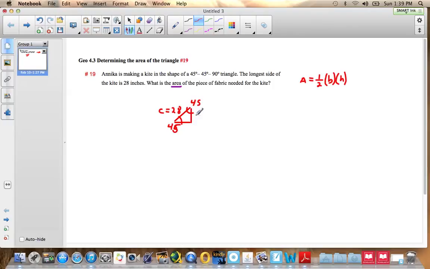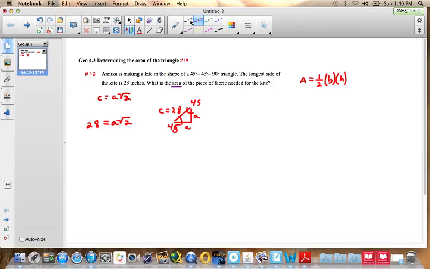Well, I know the length of A must be the same. So I'm going to use my formula C equals A times the square root of 2, like we've been doing, and plug in 28 for C. A square root of 2, C is 28 inches.